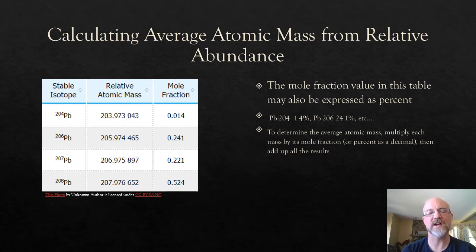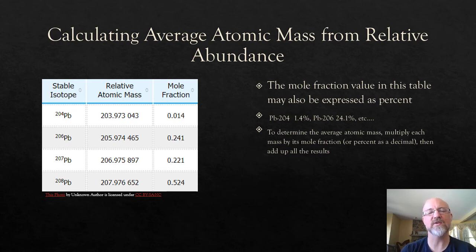So from these results, you can see that 1.4% of the lead in any sample weighs just under 204 atomic mass units, and 24% is just under 206. 22.1% is just under 207, and just over half of all the lead atoms in a sample typically weigh 207.97, so just under 208.